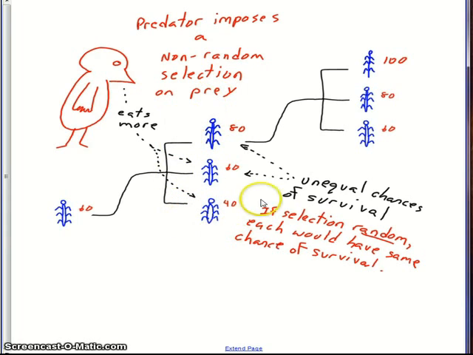So in nature, there's an unequal chance of survival. And so we can say that the predator is imposing a non-random selection process. If selection were random, each would have the same chance of survival, but they don't.